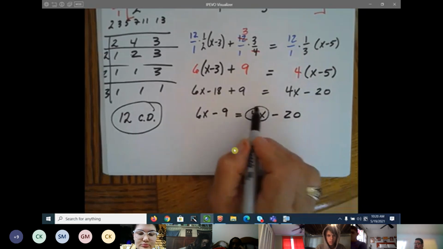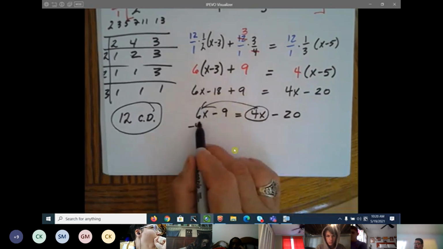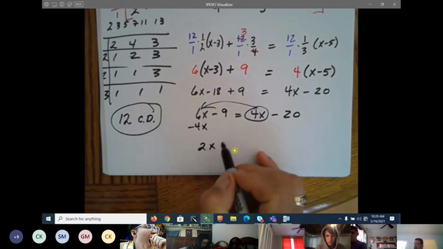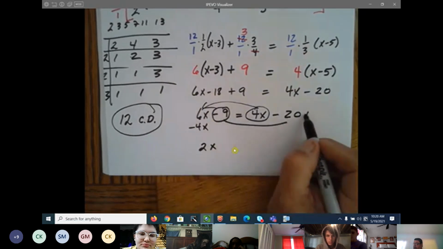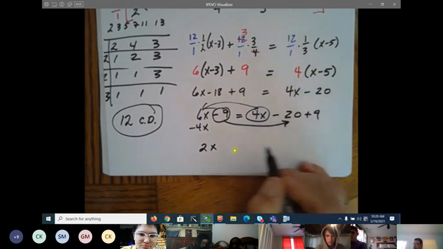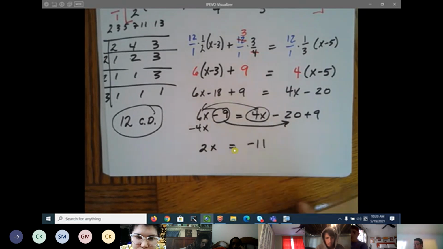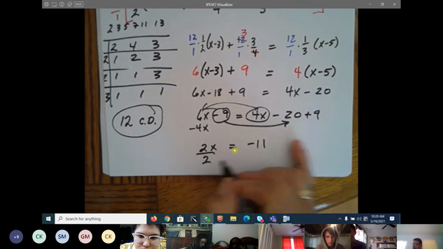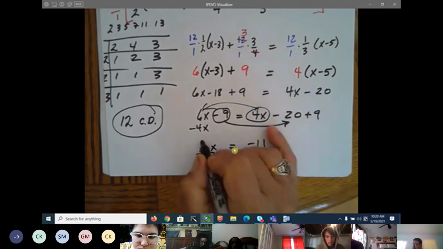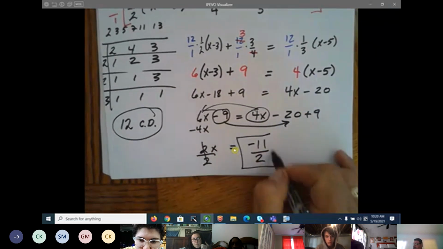Take 4x, cross the river. Take the 9 across the river. What is that? Negative 11. Yes, Hubert. Thank you, class. And x is equal to negative 11/2.